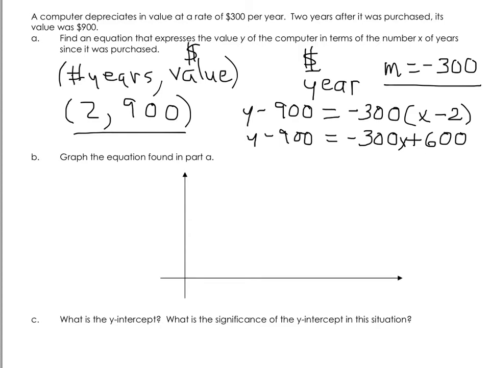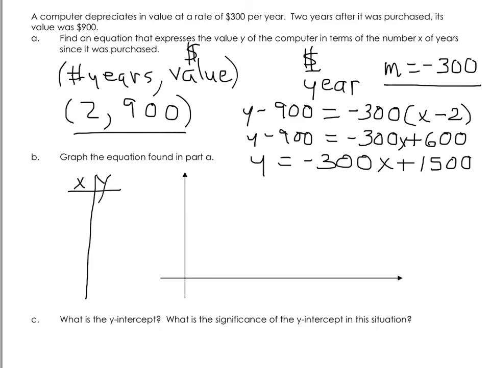We don't want that 900 there. Let's add 900 to both sides. So y equals negative 300x plus 1,500. That's our equation.